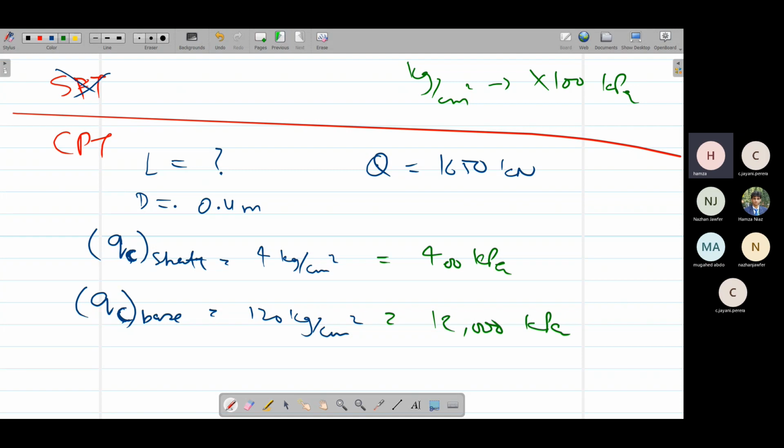So this QC of shaft is actually used for Fs, and this QC of base is actually QB. These are direct values we can get from the CPT test. But we have to divide the shaft value by 2. This Fs value is QC by 2. So 400 by 2 is 200. The QB value is the same as the QC base value, that is simply 12,000 kPa.